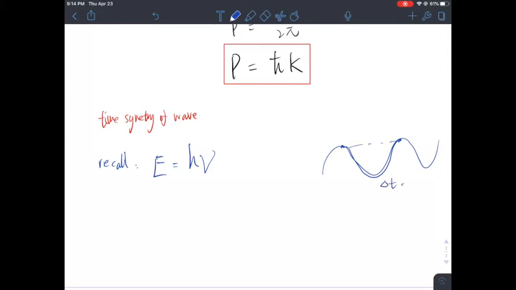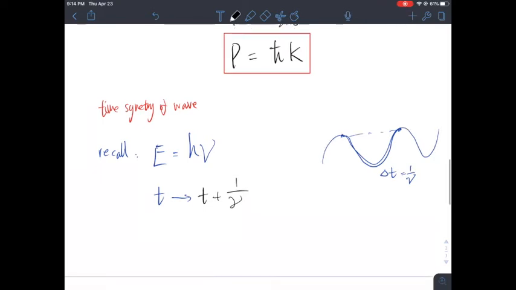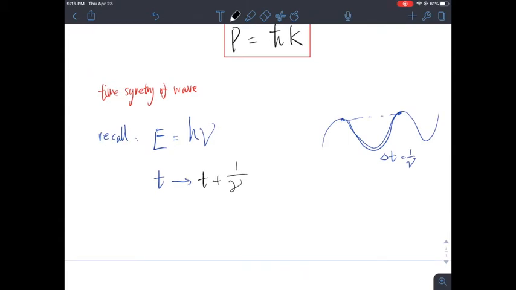Over a translation in t equal to the period, and the period is the inverse of the frequency, the value should be the same. So t is transferred by one period, to t plus 1 over the frequency.